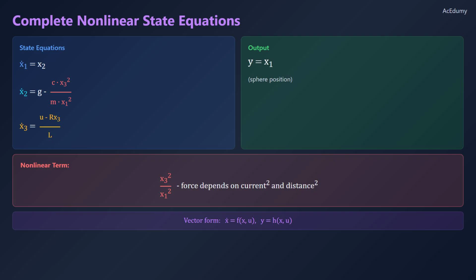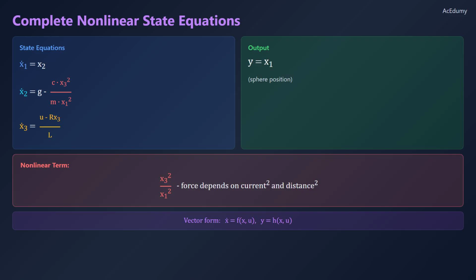Putting it all together, we get the complete nonlinear state equations. x1 dot equals x2. x2 dot equals g minus c over m times x3 squared divided by x1 squared. x3 dot equals 1 over L times the quantity u minus R x3.